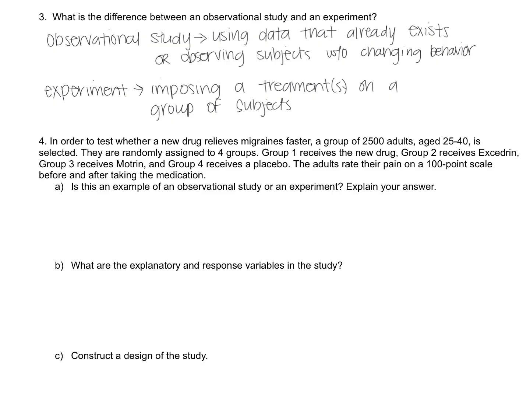So the first thing is, is this an observational study or an experiment? Because you are assigning people to groups and telling them which drug to take, it is an experiment.